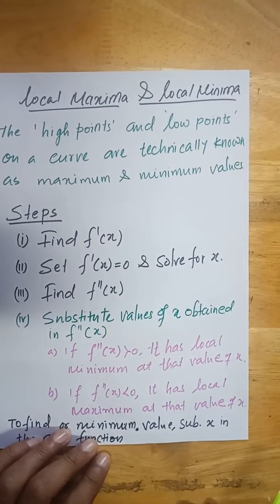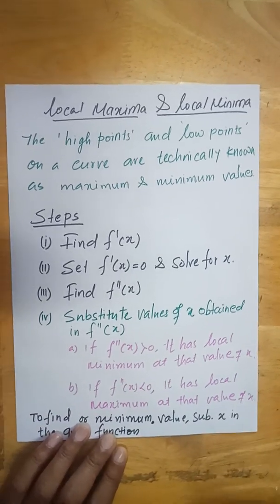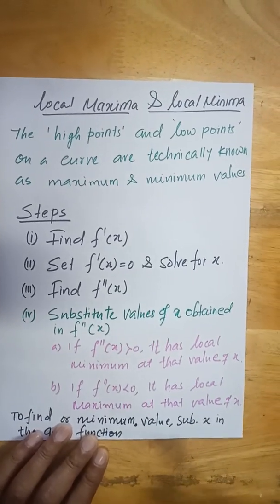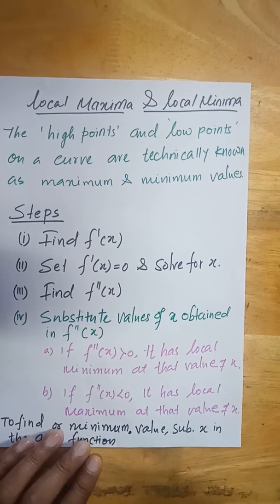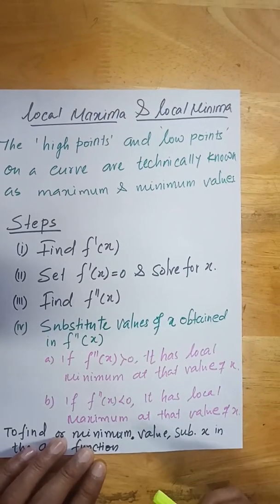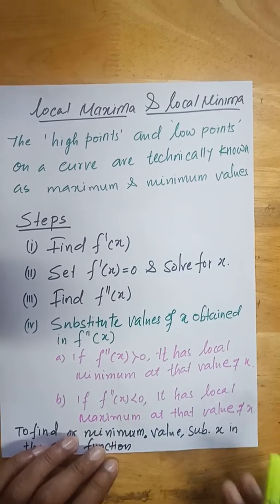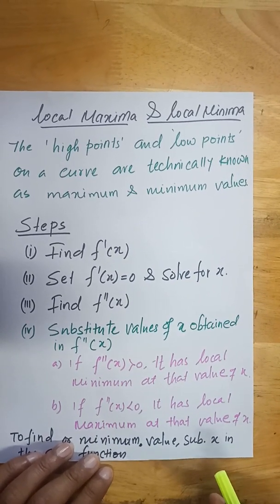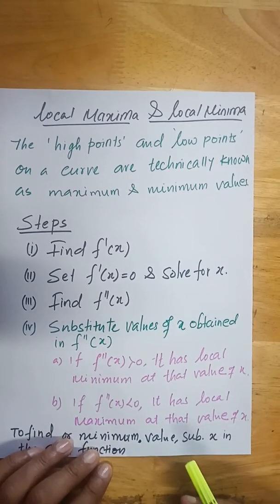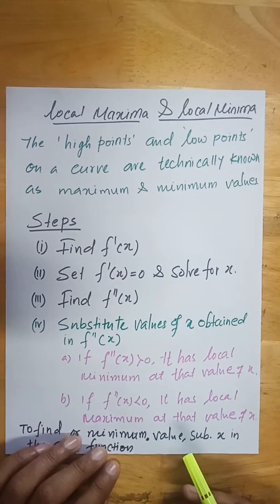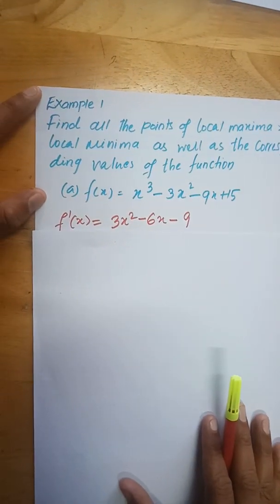Then to find the corresponding maximum or minimum value, you substitute the value of x obtained from step number 2 and checked in step number 4 in the original function and get the maximum or minimum value. Okay, now let's take this example.